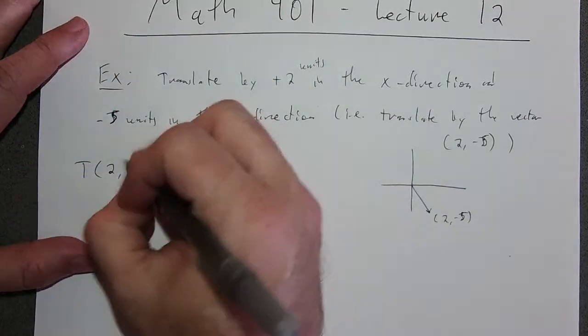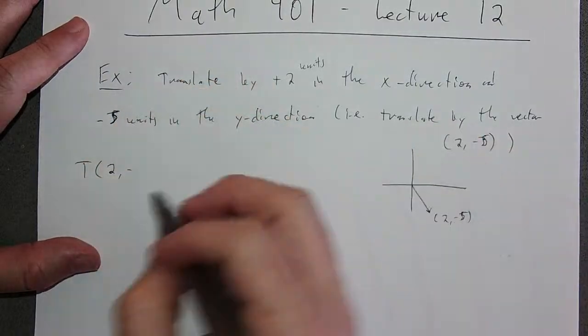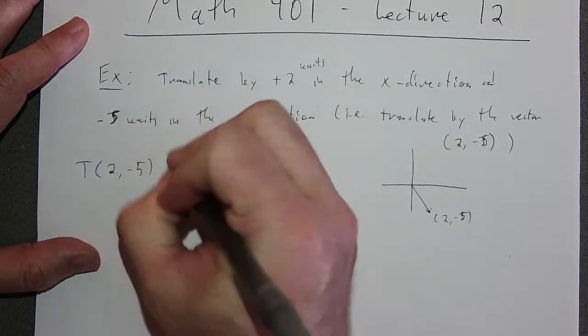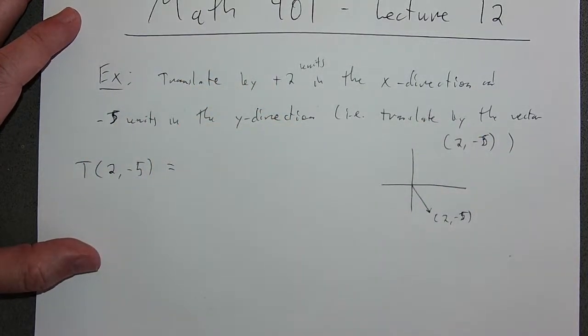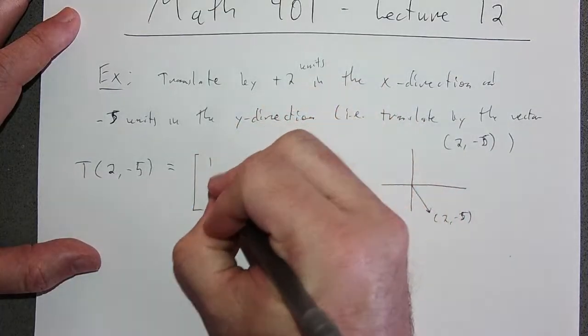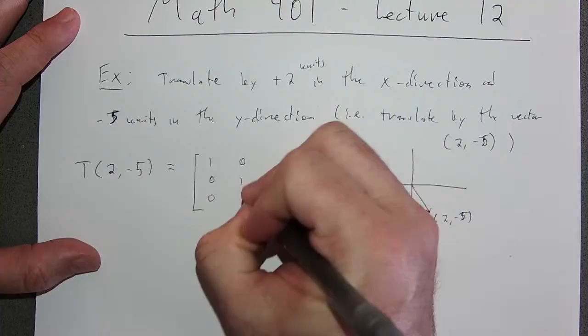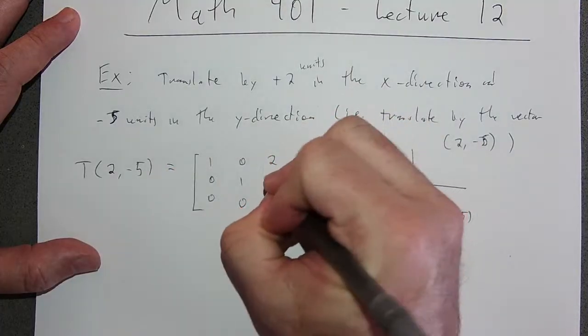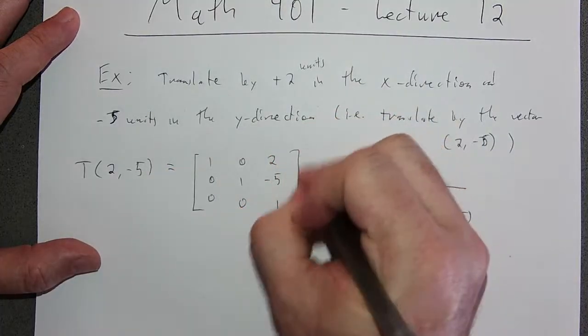Sorry, all of this should be minus 5 instead of minus 3. So T of (2, -5) is the matrix with rows 1, 0, 0; 0, 1, 0; 2, -5, 1.